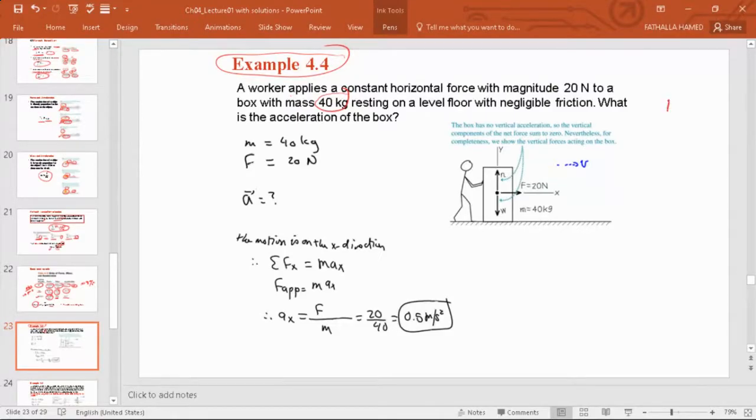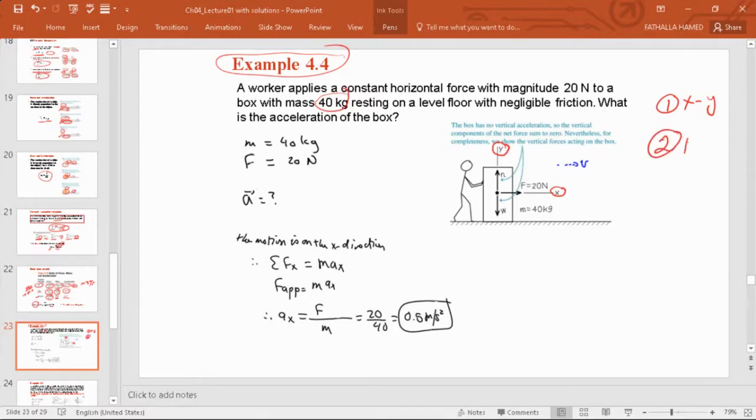So the first thing that you're going to do here is look at X and Y. Where is your X and where is your Y? X has to be along the motion directly, and Y will be perpendicular to it. So we come here to the center of mass and we put our x-axis, and perpendicular to it is our y-axis.